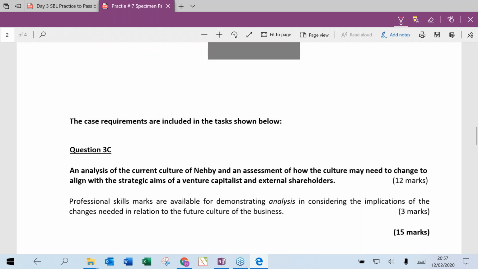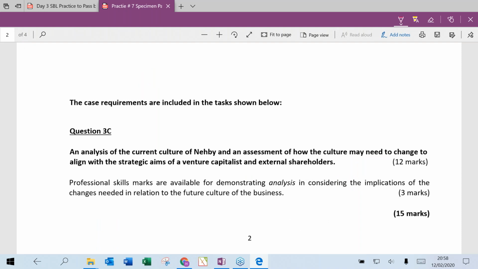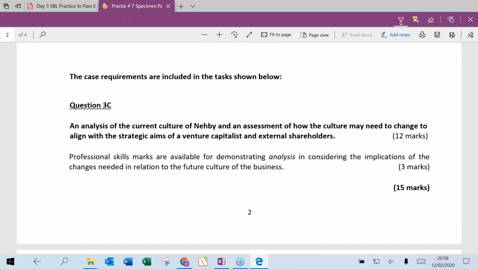The case requirements are included in the task shown below. Question number 3C. An analysis of the current culture of NABI and an assessment of how the culture may need to change to align with the strategic aims of venture capitalists and external shareholders.